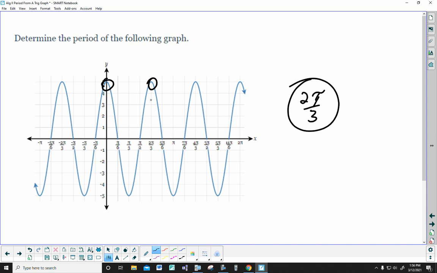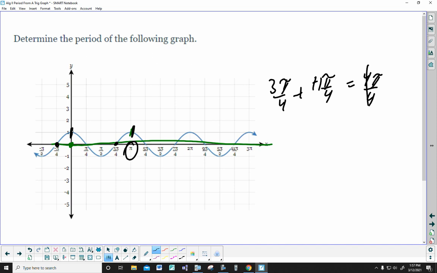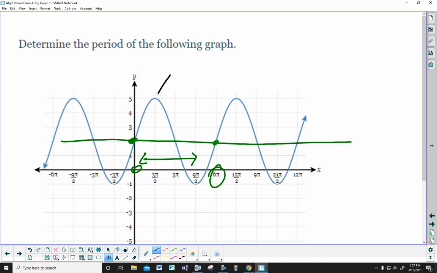So how do I know whether to use peak to peak or the midline? Well, here the peak is starting on the y-axis. Here the peak is not starting on the y-axis, but the midline is starting on the y-axis.